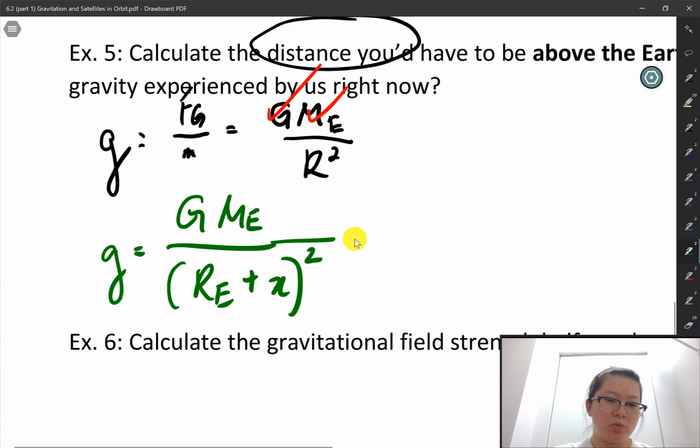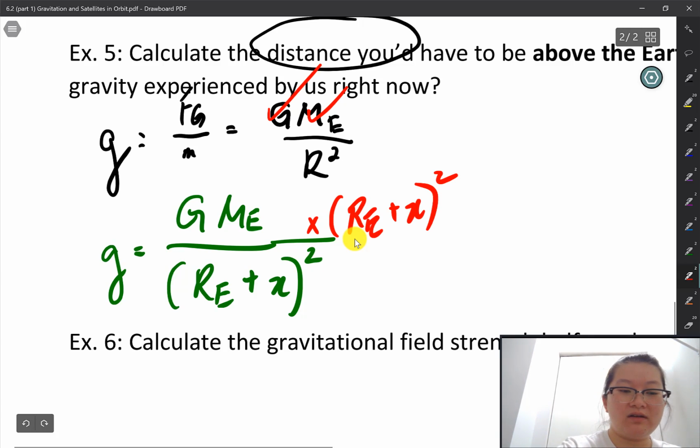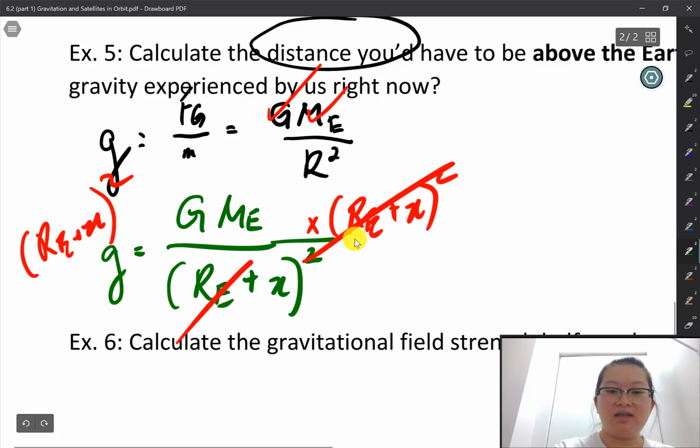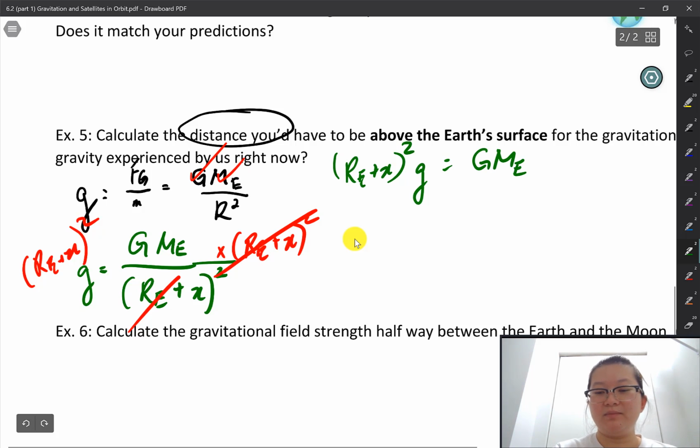So we need to solve for this x, meaning we have to rearrange this ugly looking equation. We're going to multiply the bottom up, (RE plus x) squared. This gives us (RE plus x), all of this squared, times g equals big G times the mass of the Earth.